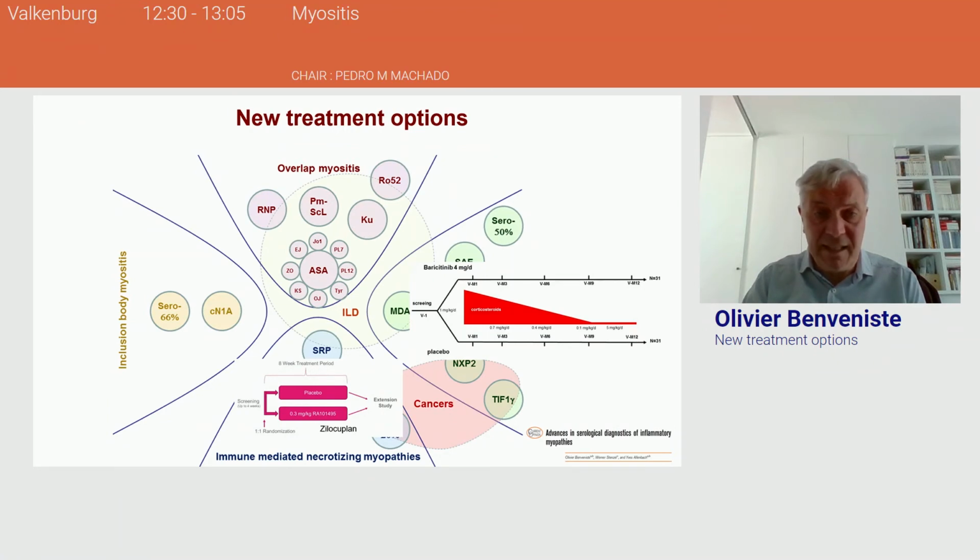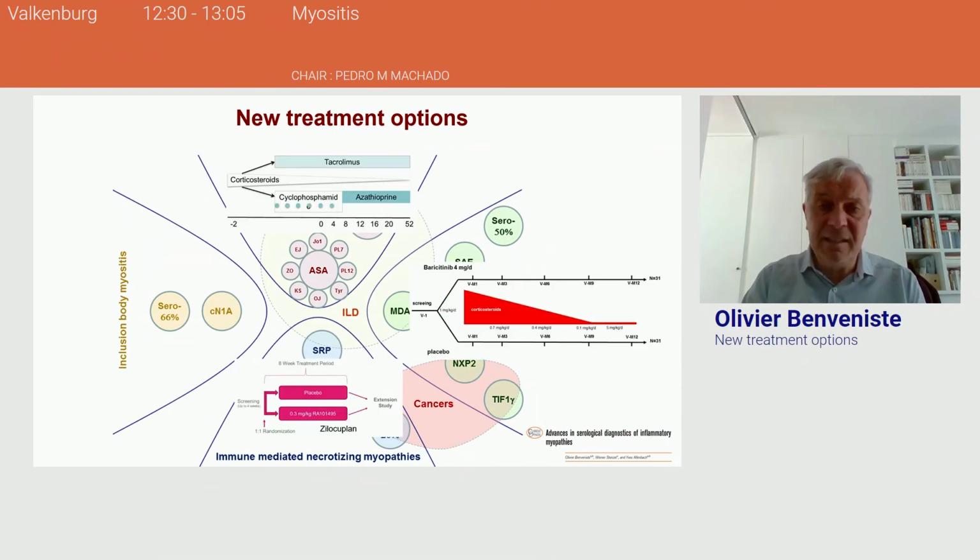And as I said, this trial is ongoing. Regarding the antisynthetase syndrome, to tackle the interstitial lung disease, a trial is ongoing comparing tacrolimus to cyclophosphamide. But here, maybe rituximab is also interesting, but we need further trials.